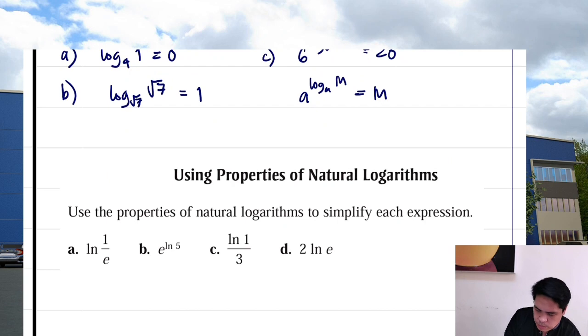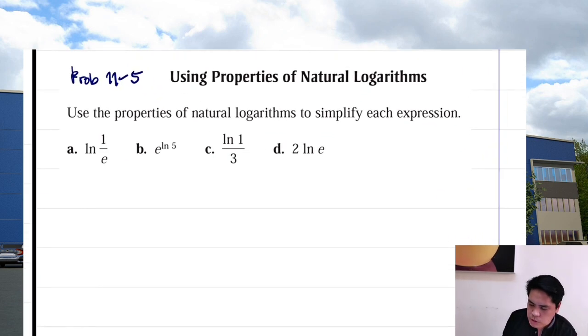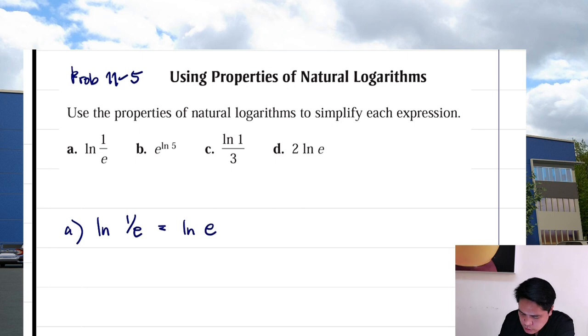For problem 11-5, using properties of natural logarithm this time. Simplify each expression. For letter A, we have ln 1 over e. I could rewrite this to ln exponential negative 1. And that would be negative ln e. Diba?